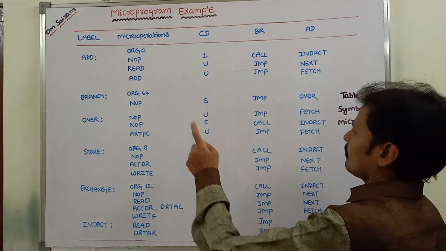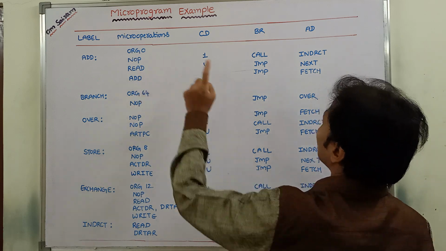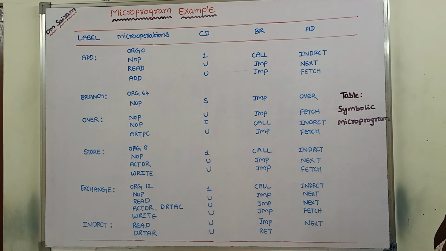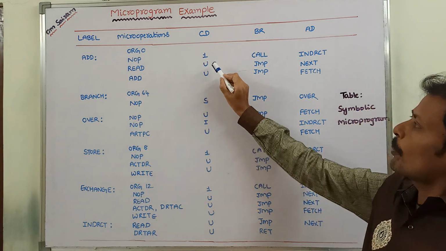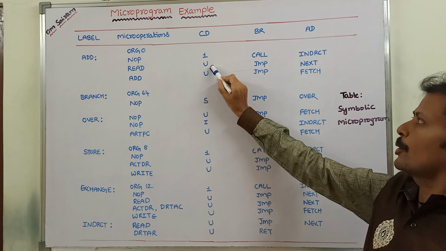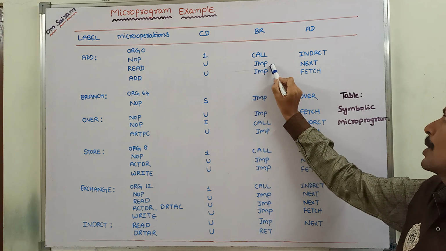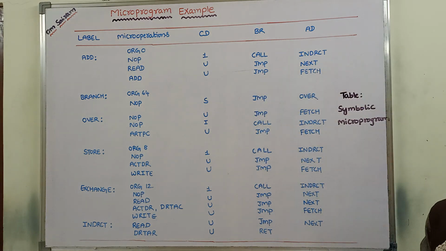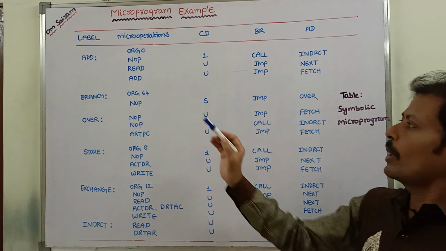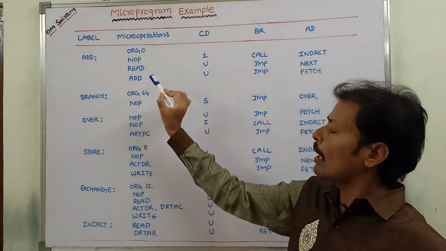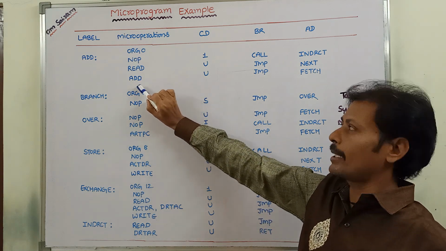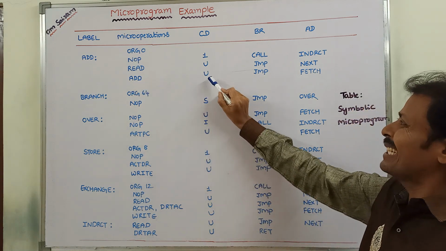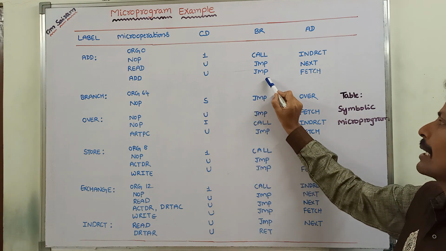Then, after reading the operand from the memory, while performing the read operation, CD value is U and BR contains jump. Then what is the next address in sequence? Here we have to add the content of the accumulator and the data register. At that time CD contains U and BR contains jump.